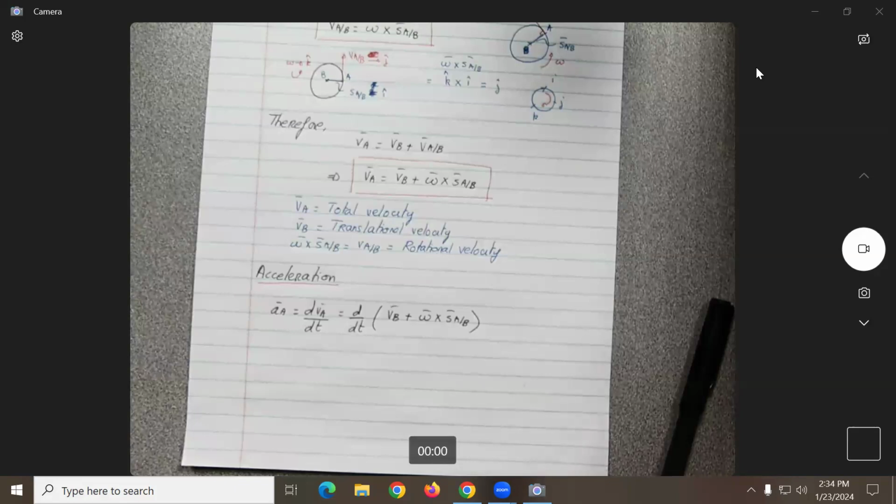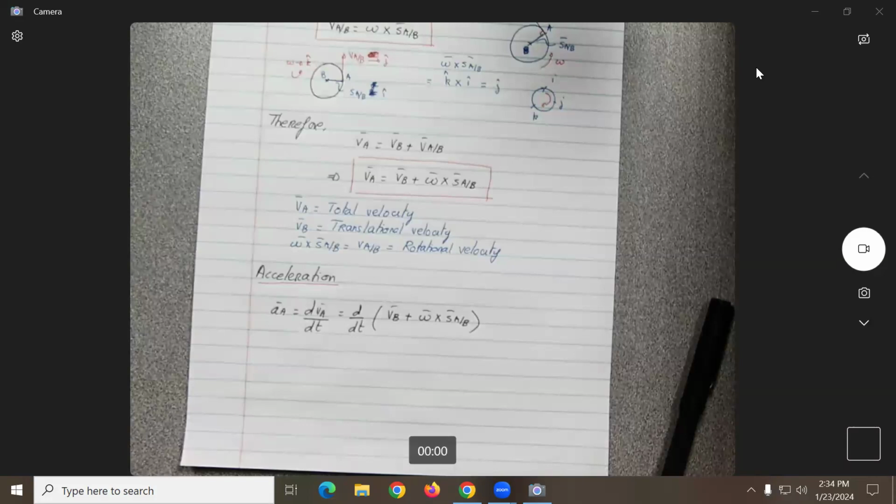Okay, so what do you observe for the accelerations when an object is moving in rotation? For example, you need acceleration due to translation and acceleration due to rotation. So if you move in translation, how many accelerations can you have? Either you accelerate or you decelerate, no?